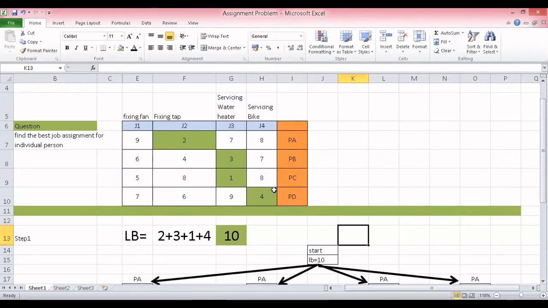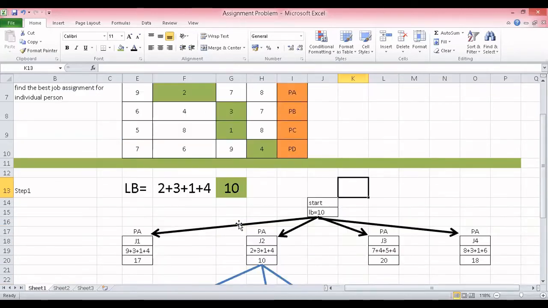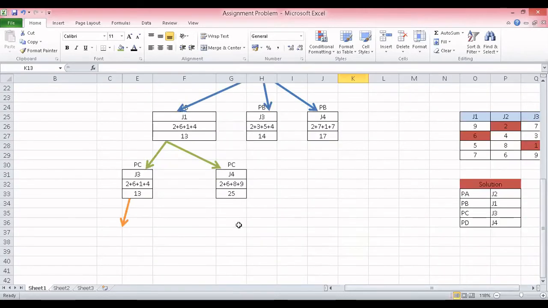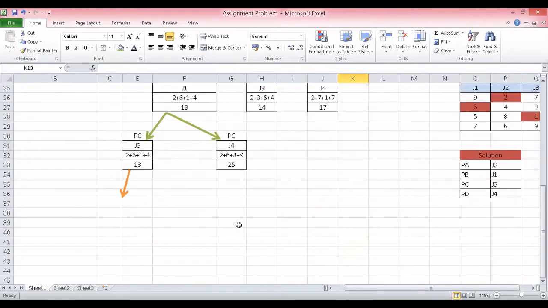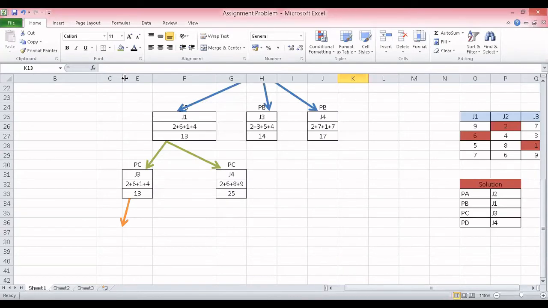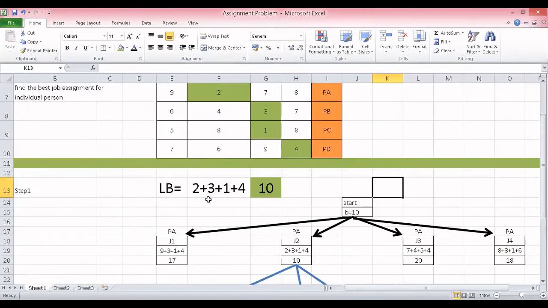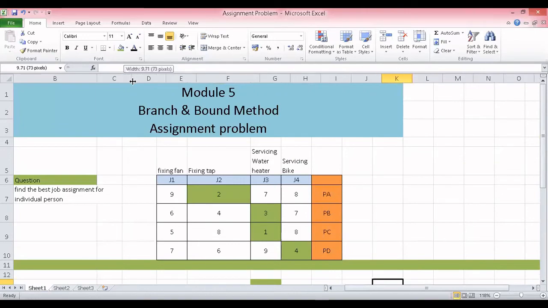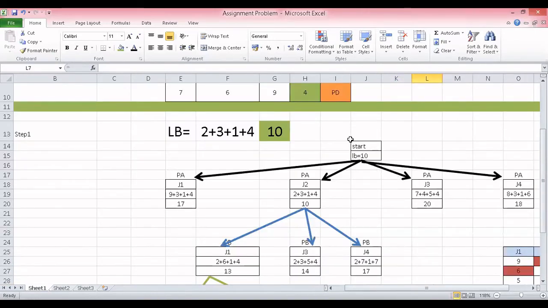See, all the students, when this problem is given, the first step is to calculate the lower bound. Now, I have already solved the problem here, but I am going to teach you how I got the solution one by one. Just observe carefully. This is the starting point.